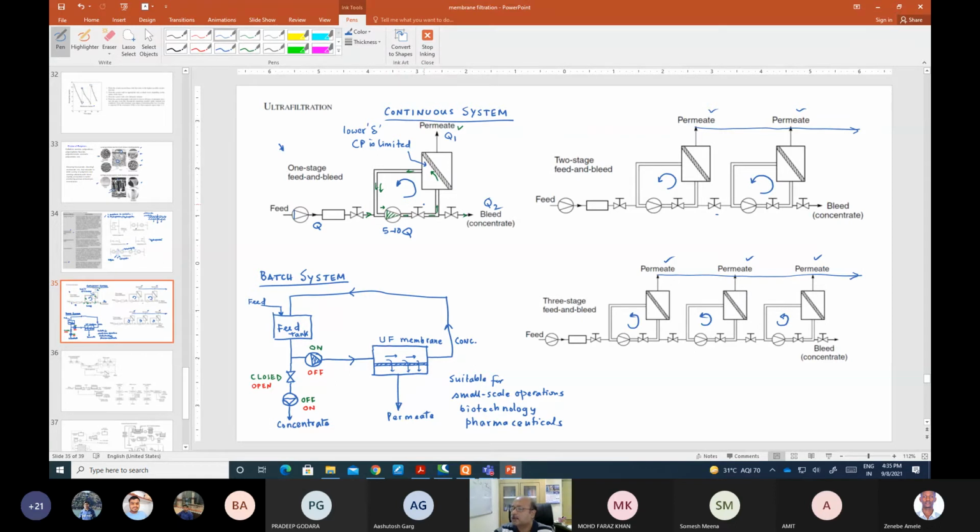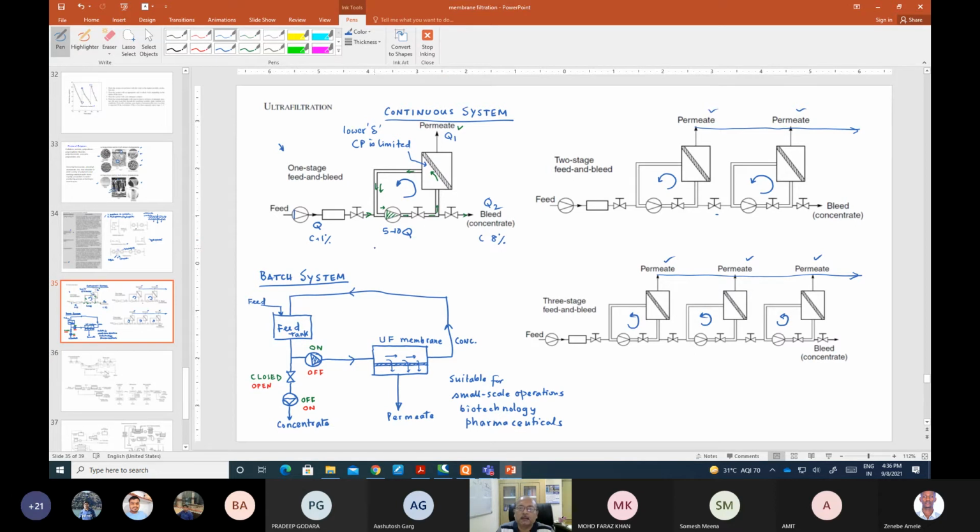Now think about a single stage, where the concentration of some contaminant was 1%, and now here it is leaving as 8%. So that means you are actually taking out a lot of water from the system. How do you do this?